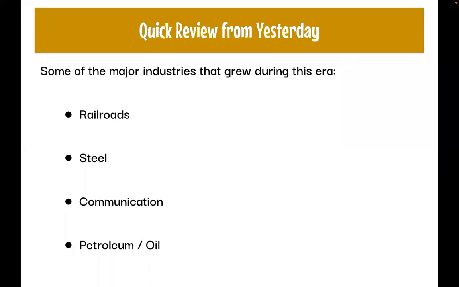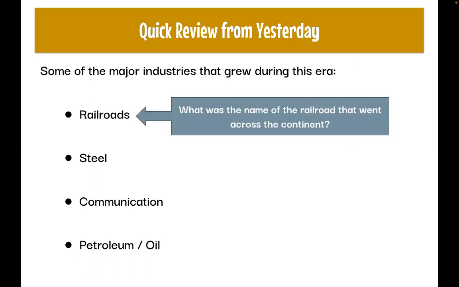So, quick review from, well, not yesterday, but last week. Major industries that are growing. These are some things that you might have written about: railroads, steel, communication, petroleum, and oil. Be able to name the railroad that went across the entire continent.